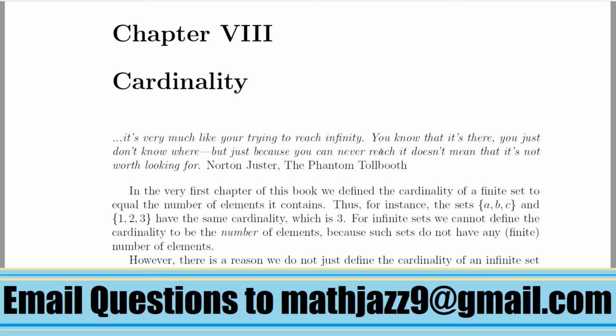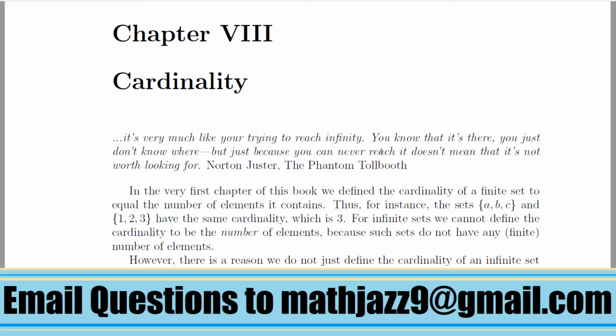But there are different sizes of infinite sets, so it's not useful to just say that they're infinite. A lot of times it's good enough to just know that they're infinite or not. But some infinities are bigger than others, and so we're going to generalize our cardinality from just counting elements to a more general and more useful definition.